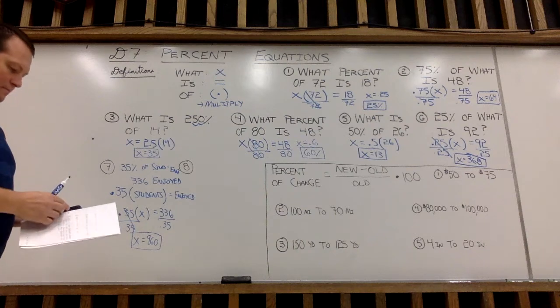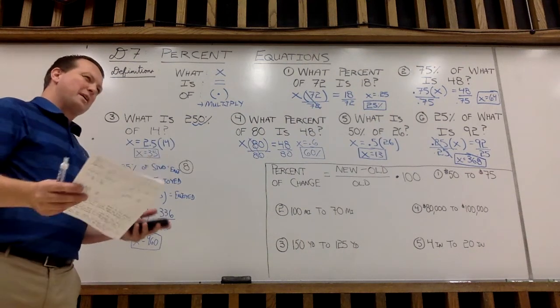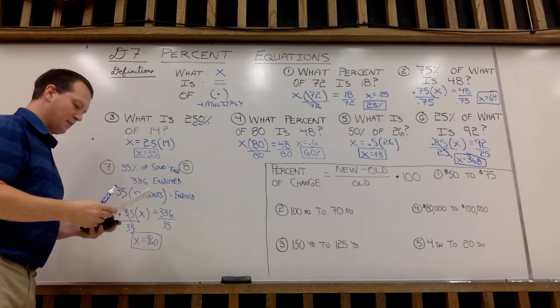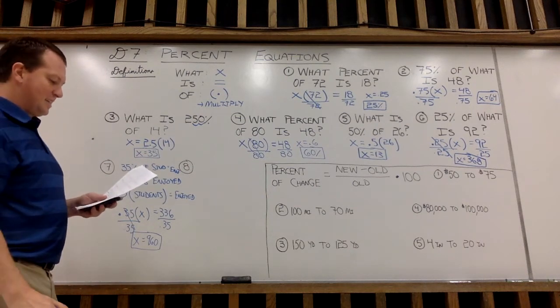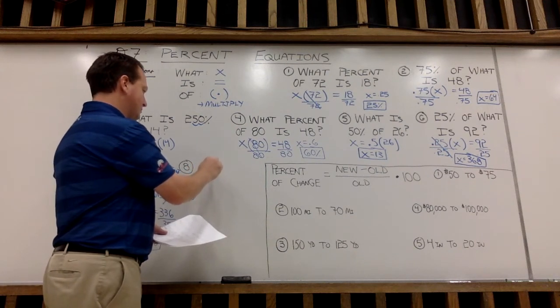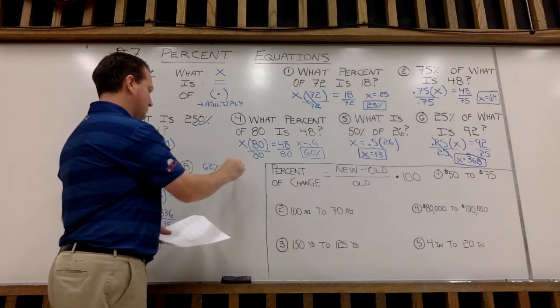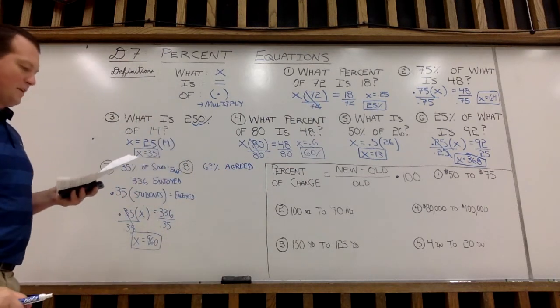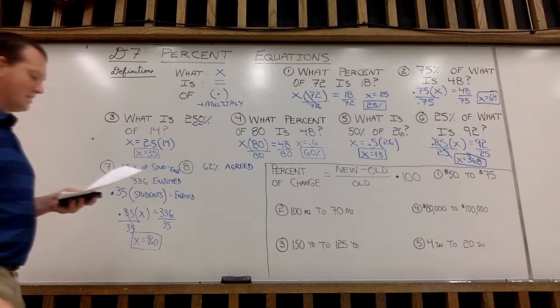All right, 8. This one we have to think the complement, the opposite of what we're told here, because we are given that 62% of the residents agreed with the new law, and then 3,496 disagreed.